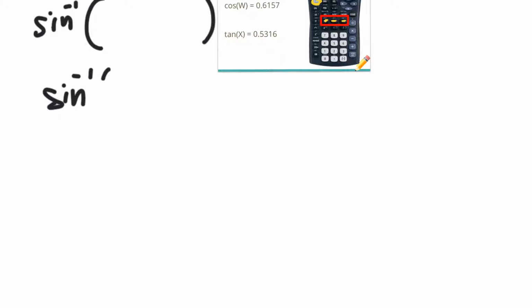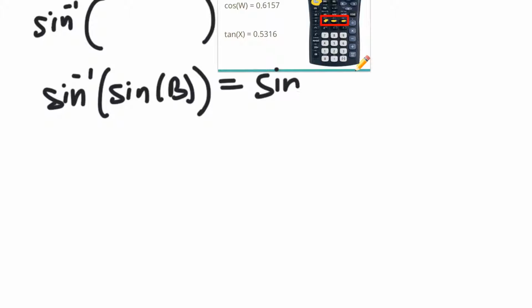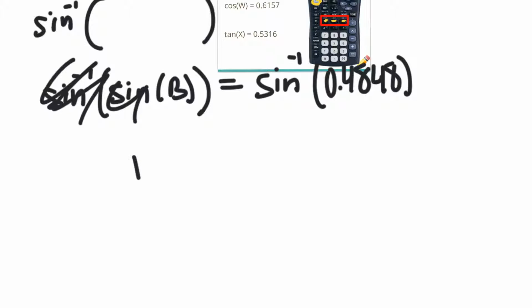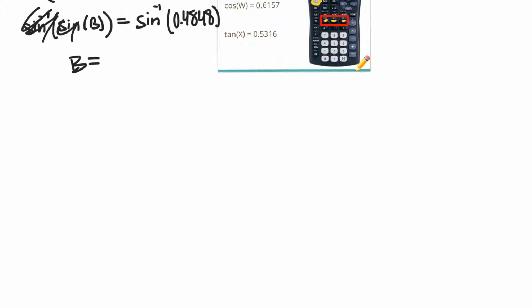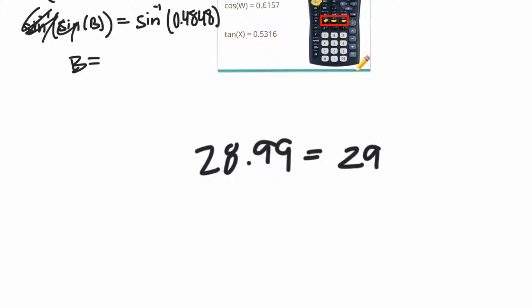Inverse sine of sine of b equals inverse sine of 0.4848. These are going to cancel out, so you're going to get b equals about 28.99, or you can just say it's about 29. So instead of plugging in the numbers and doing all that, you know that b equals 29.